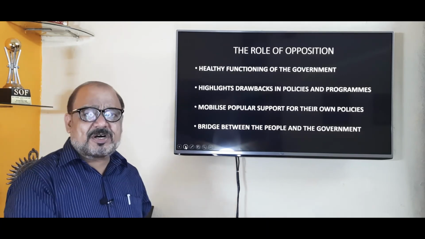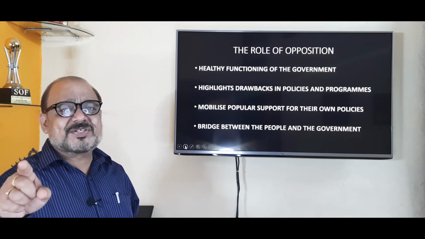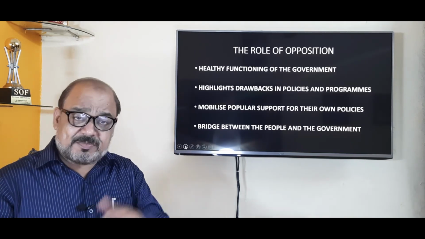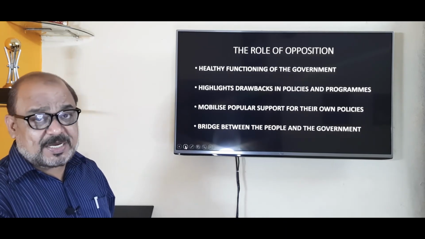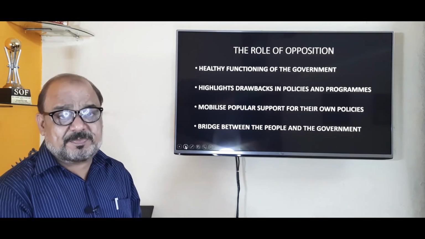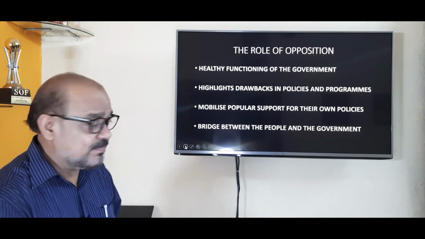On one hand, the opposition parties mobilize people against the wrong programs and policies of the government. On the other hand, they mobilize people for their policies and programs so that in coming elections, they can go to the people and appeal to the people to vote for them.